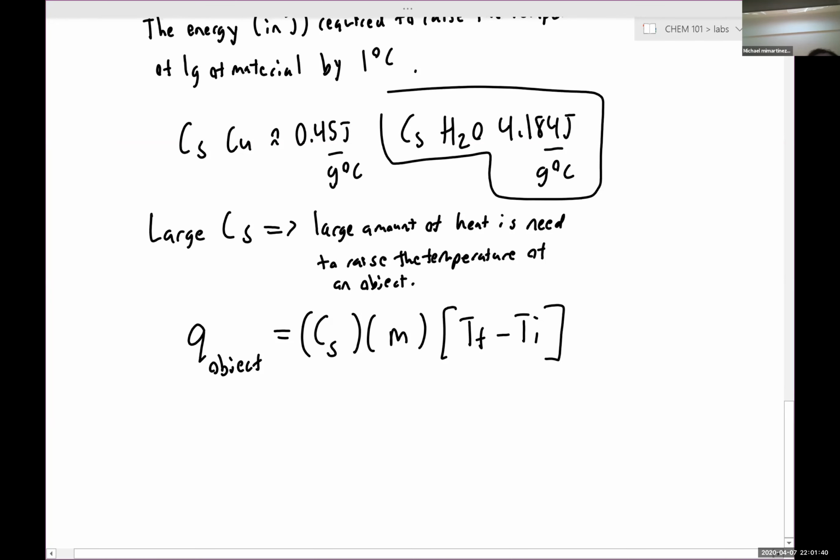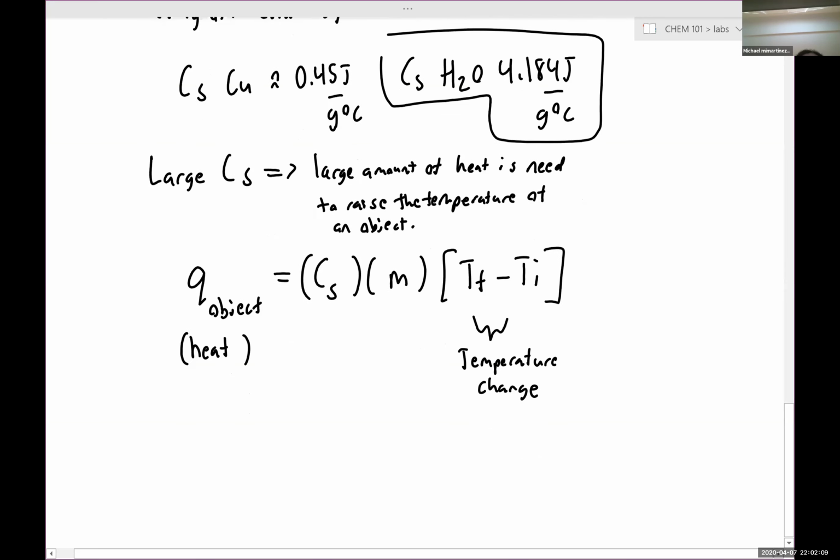So then, we have a direct relationship between the heat gained or lost by an object and the temperature change. Does that make sense so far? So we are measuring heat gained or lost by an object by measuring temperature.